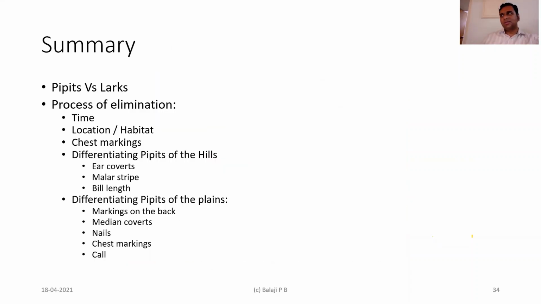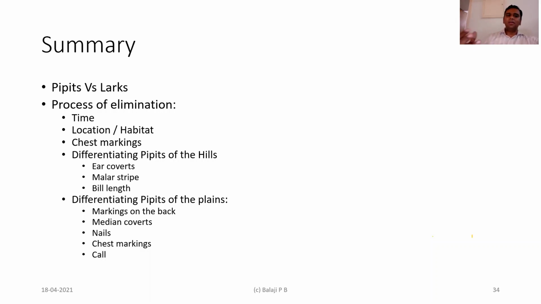So to summarize, we have to have a firm grounding on how to distinguish pipits and larks. And the second thing is that we have to go through a process of elimination based on the timing of the sighting, the location or the habitat, and the chest markings.